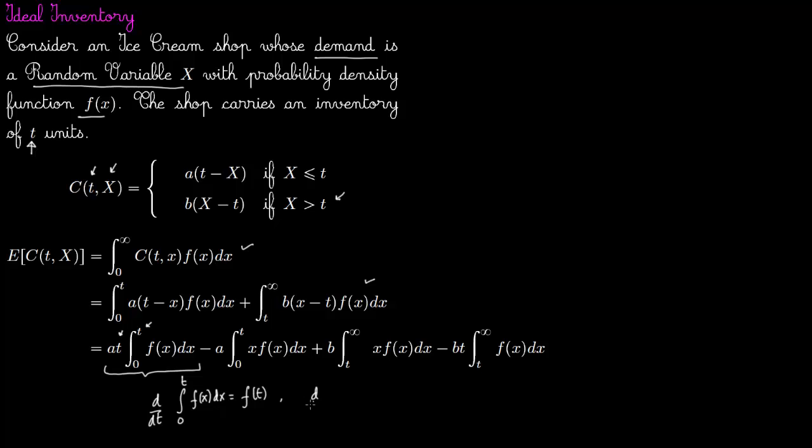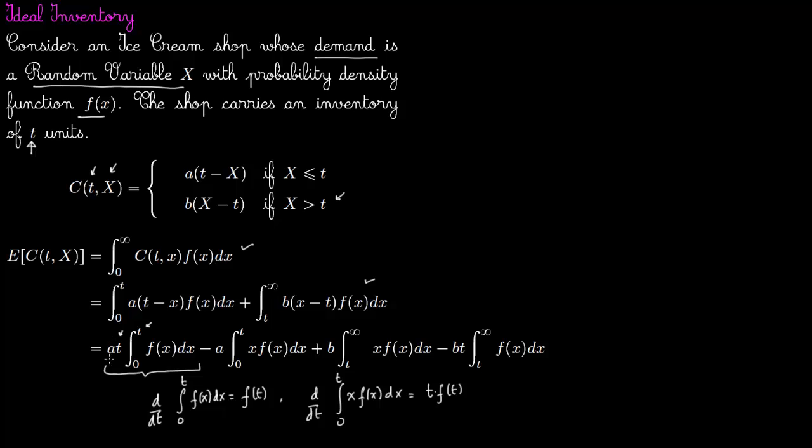Similarly, notice that d by dt of the integral from 0 to t of x f of x dx is nothing but t times f of t. Basically, if you have t as the upper limit, you replace x with t.